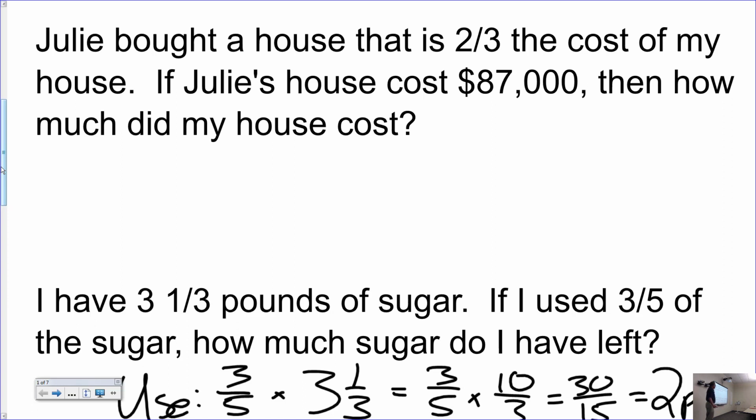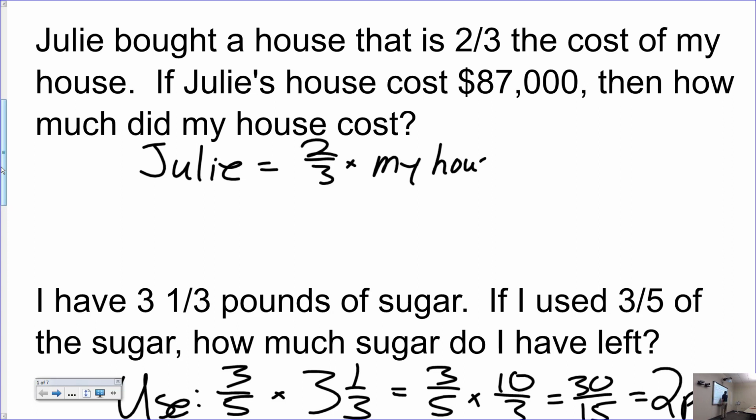Julie bought a house that's 2/3 the cost of my house. How would you do this one? Multiply. 87,000. Hang on. Which number did I give you, folks? Julie's house. Julie equals 2/3 times mine.